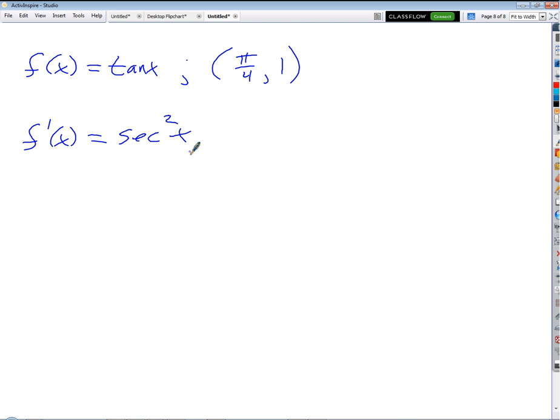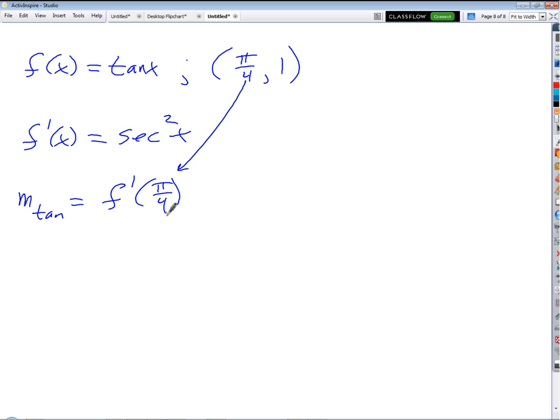So the slope of the tangent line is really just the derivative evaluated at that point, right? Remember what the derivative function does. When we differentiate a function, we get back a very powerful derivative function that tells us the slope of the curve for any value of x we choose.